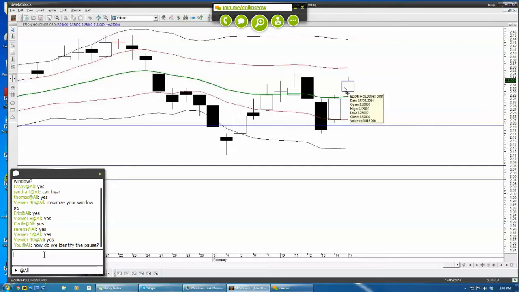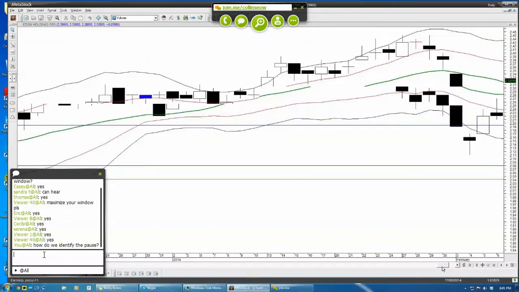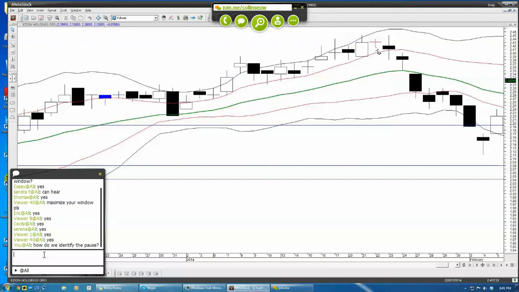A narrow range means that the high minus low is the smallest range in the last 7 days, so it's called a narrow range 7. Example here, this is a narrow range 4. You count back 1, 2, 3, 4. This is the smallest candle, high minus low, in the last 4 days.